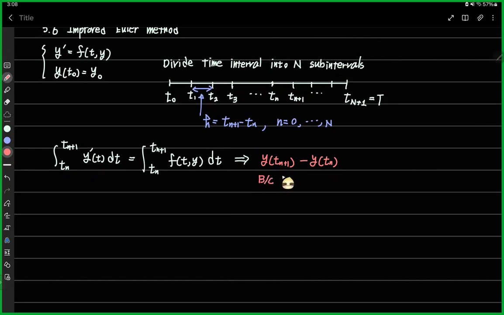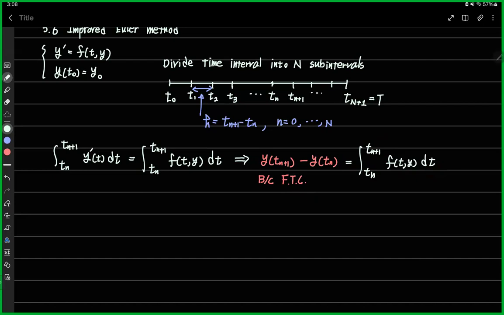So this is equal to, let me just copy the right-hand side, the integral from tn to tn plus 1 of f of t comma y dt.